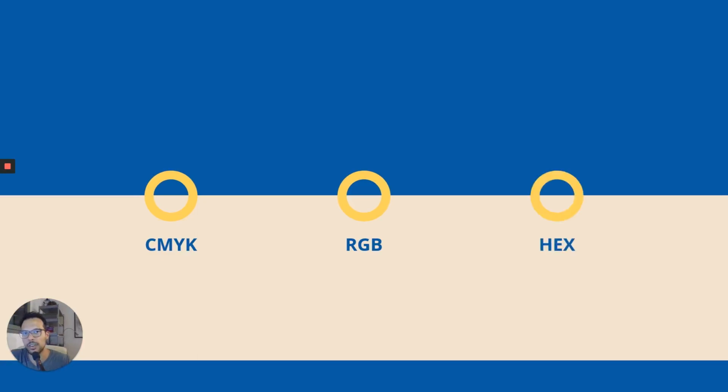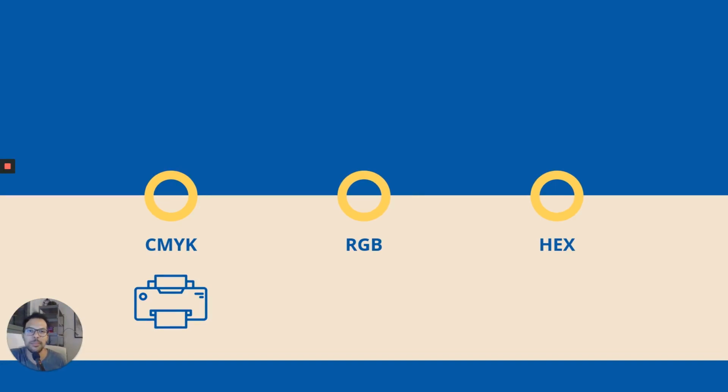And there's the hex format. The only thing that you need to know in terms of these formats and the way that they are specified by computers is that the first one is specifically for printed documents. So know that when you send out your poster, the colors that appear in your PowerPoint are not going to be processed the same as the colors that will appear in your poster.